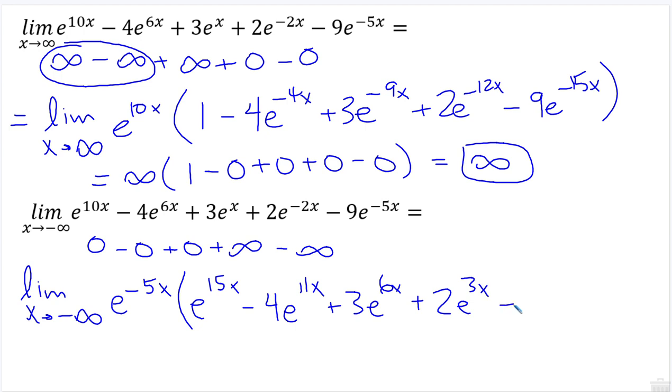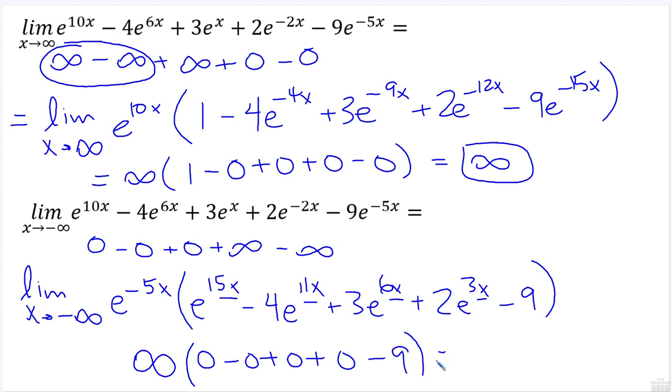And then that last one is just a minus 9. And so what we end up with here is, if I plug in negative infinity into e to the negative 5x, I get e to the negative 5 times negative infinity, or e to the infinity, which is just infinity. And all the positive exponents become 0, 0 minus 0 plus 0 plus 0, and then minus 9. Well, that's just negative 9 infinity, which is negative infinity.